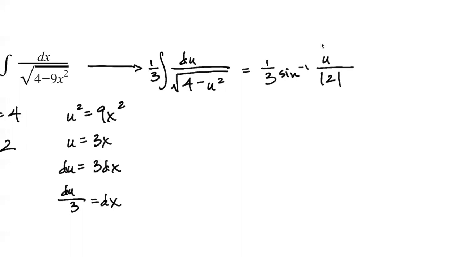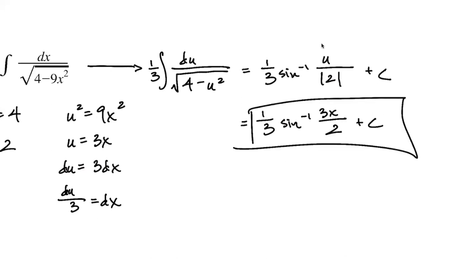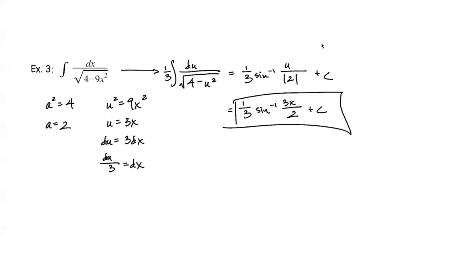And a, keep in mind, is not 4, but is the square root of 4, so it's going to be 2. Last thing we're going to do, we're going to plug 3x in for u. So we get 1/3 inverse sine of 3x over 2 plus c. And that is our solution for example number 3.